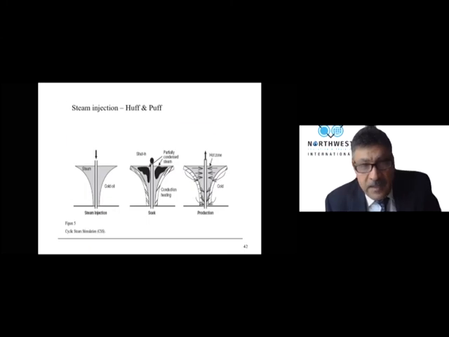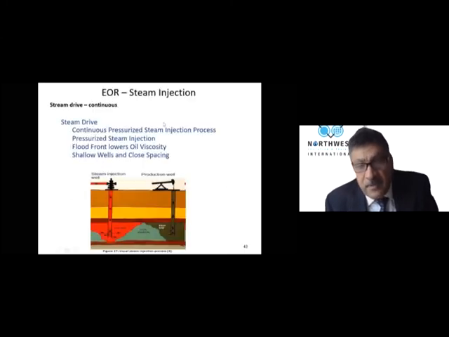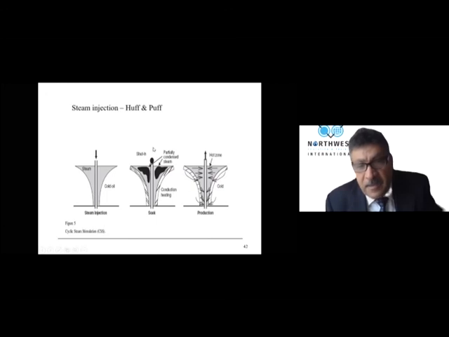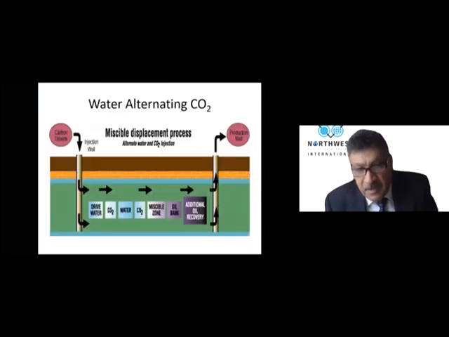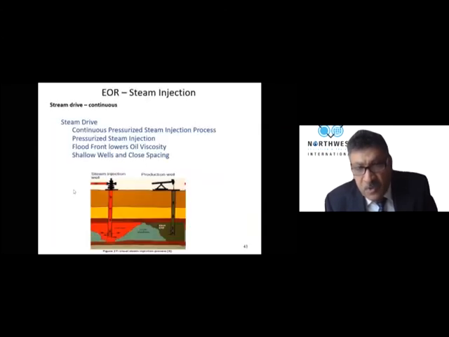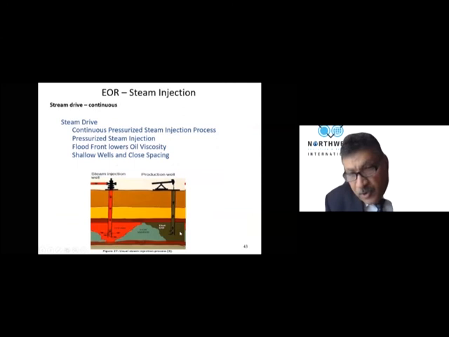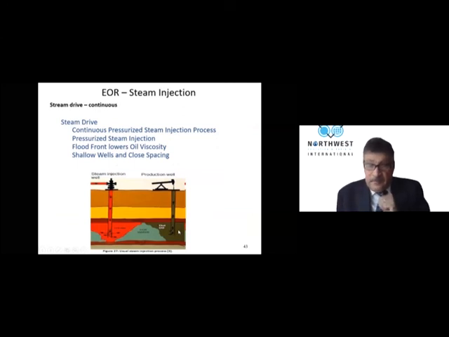Another type of steam is called steam drive. Steam drive is similar to the CO2 injection. You have to have two wells, one as the injecting well, and a producing well on the other side. But these wells should not be very far away from each other, no more than 200 meters.